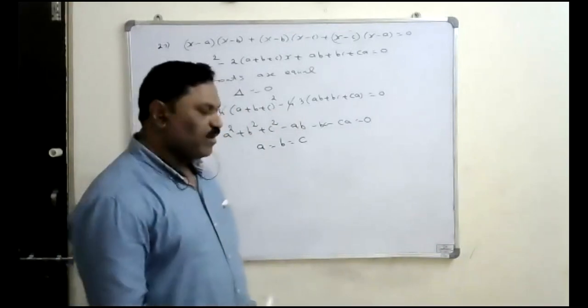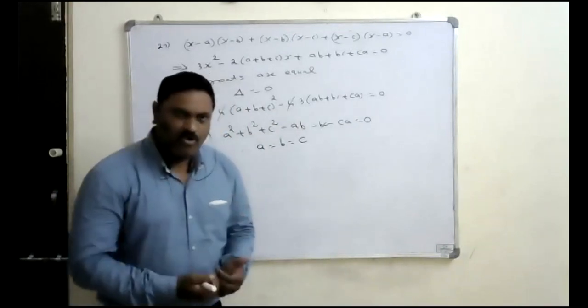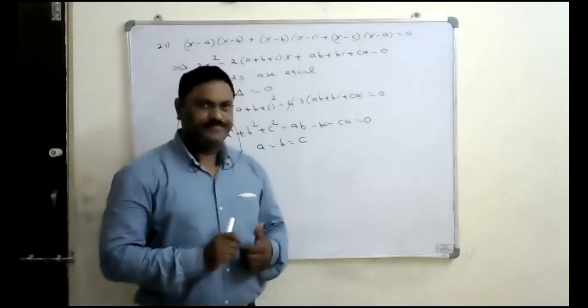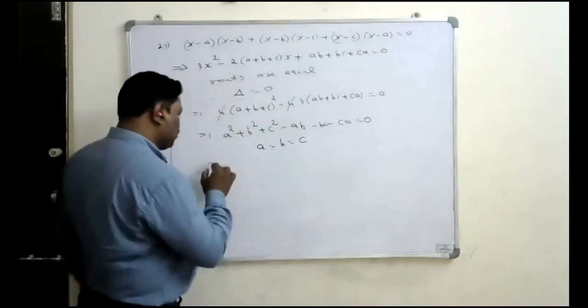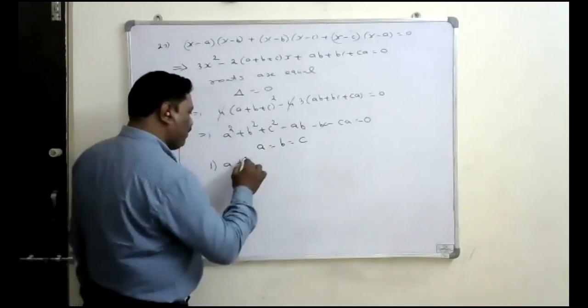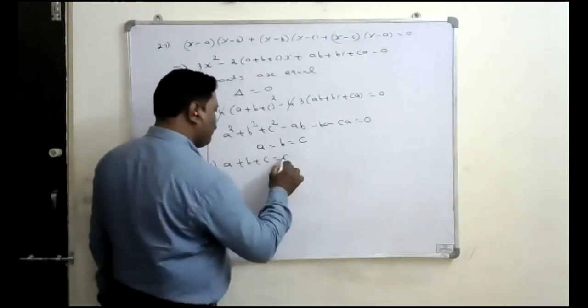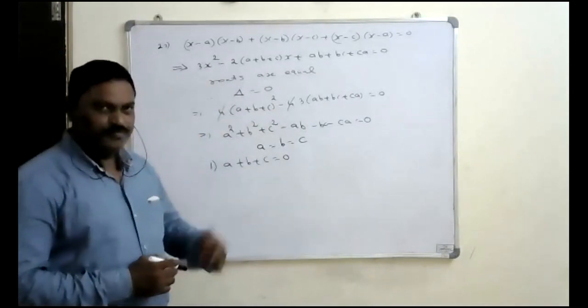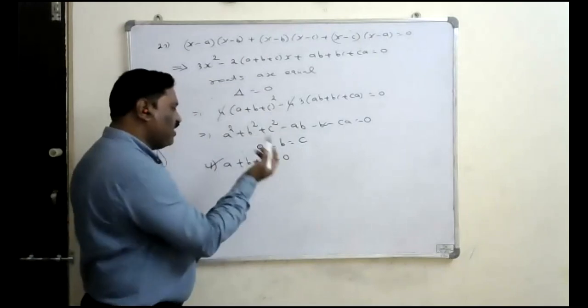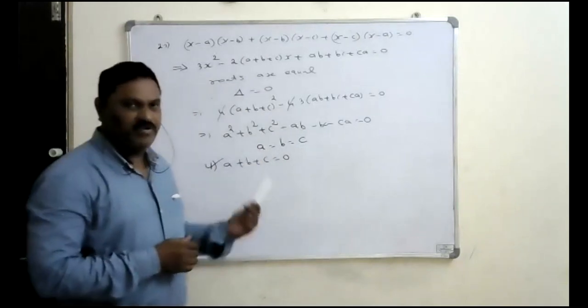Okay. Now the problem is: which of the following options are not correct? So the first option is that A plus B plus C is equal to 0. Is it true always? No, sir. Because for all the values of A, B, C, it may not be equal to 0.